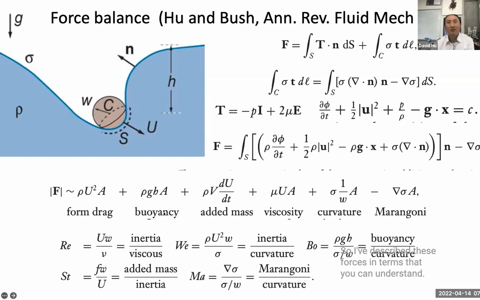So I've described these forces in terms that you can understand, but generally in fluid dynamics, they talk about things not in terms of forces themselves because those have units. It's very difficult to interpret a physical system just based on, for example, I say it's got 5 newtons of form drag. Instead, it's much easier to talk about things like the Reynolds number, Weber number, Bond number, and Strouhal number.